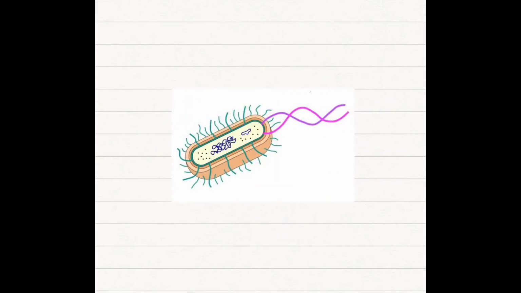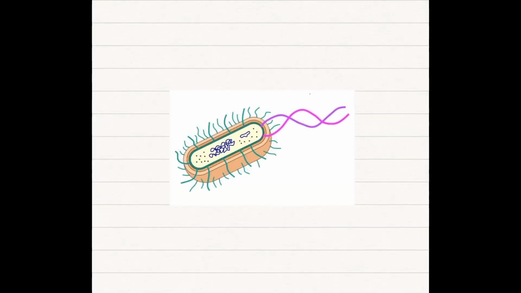Finally, there's the bacteria cell. Like the last two cells, pause the video to label the cell and press play when you're done. So the orange line around the cell is the cell wall, this one here. And then the dark blue line around the cell is the cell membrane.